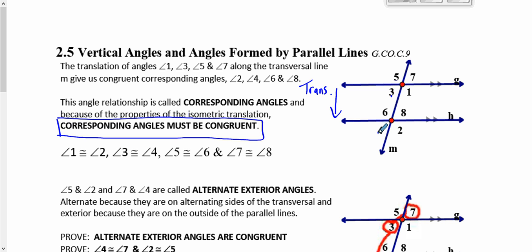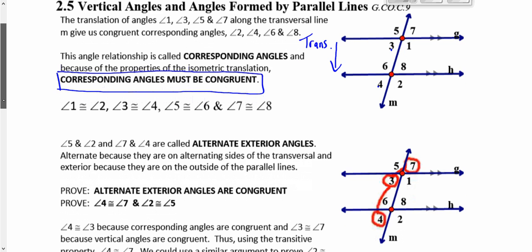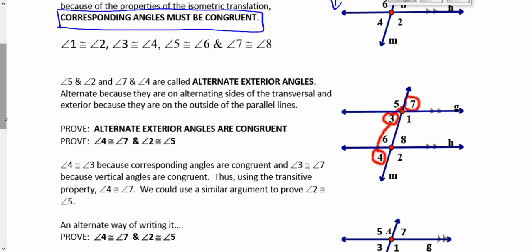Okay? We had some other angle pairs. We had alternate exterior angles, right? So like 7 and 4. So let's think about this for a minute. If the corresponding angles are congruent, right? We know that 3 and 4 are congruent, aren't they? Because they're corresponding. But is 7 congruent to 3? Yeah.